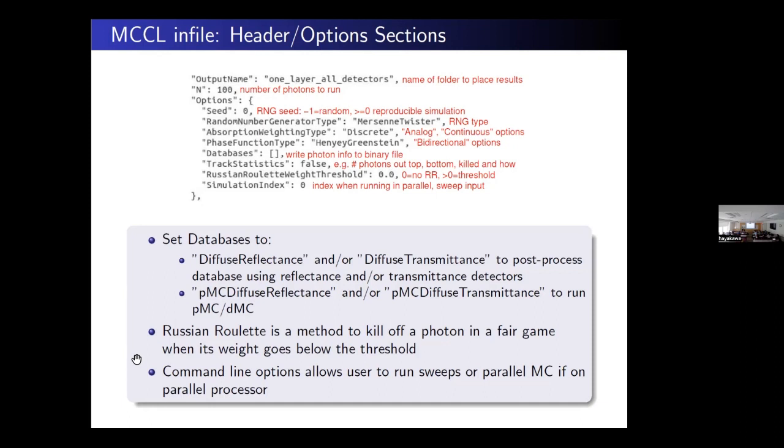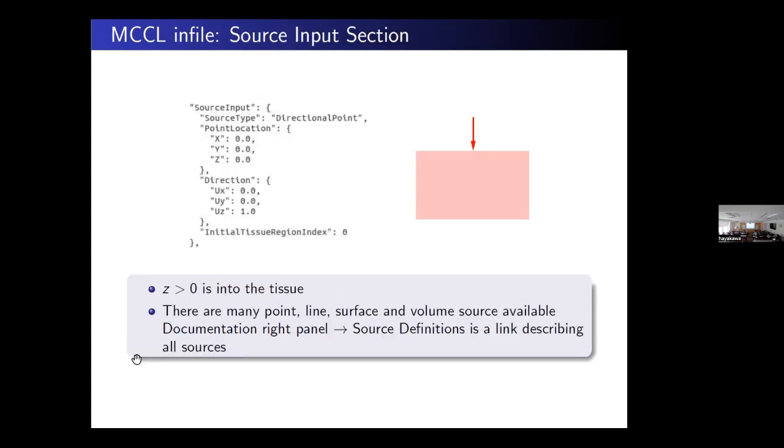So in the command line, you can say, I want to run it for these tissue optical properties, but then change mu_a by this, and give it 10 values, and give mu_s 10 values, and then it'll run, if you're on a parallel processor, it'll run in parallel and generate these results so that you can put them into a table lookup. Also, if you don't do a sweep, we have parallel processing.